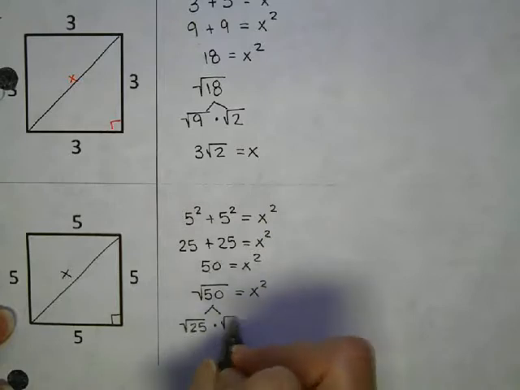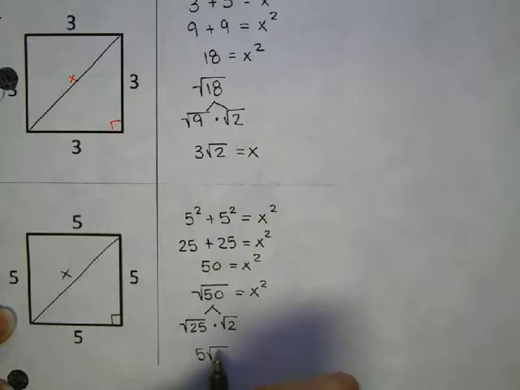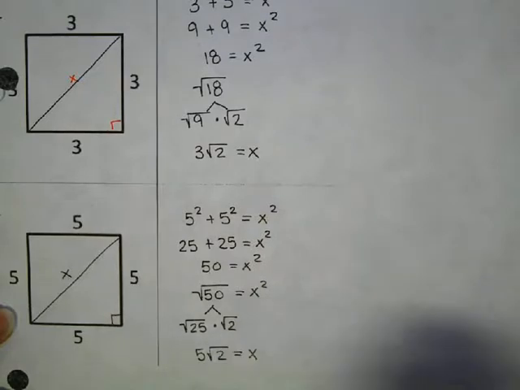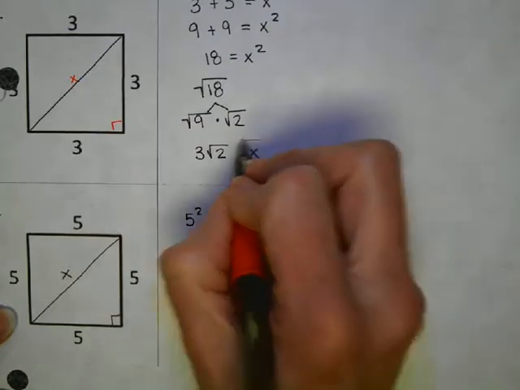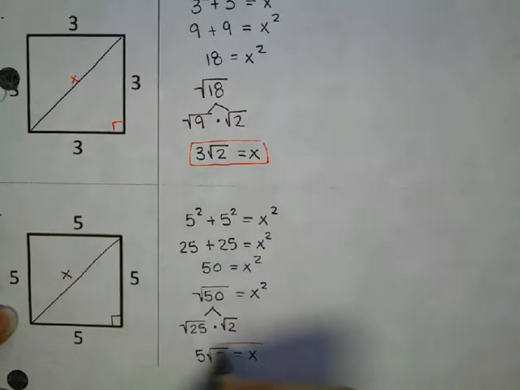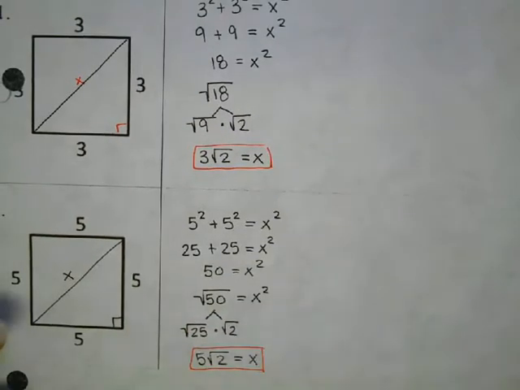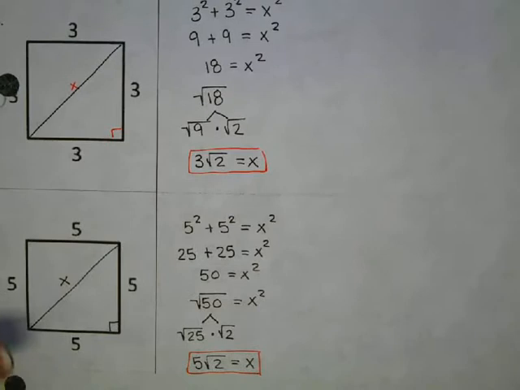Remember, your perfect square always goes on the left, so that answer is 5 square root of 2. I want you to look back now. If this diagonal was 3 square root of 2 and this diagonal is 5 square root of 2, do you think there's a pattern in finding the diagonal of the square?